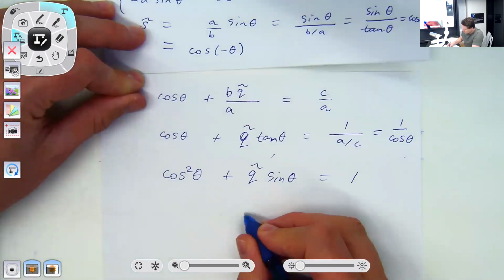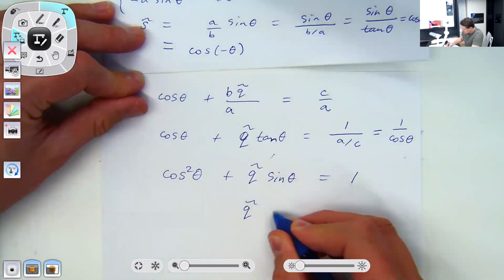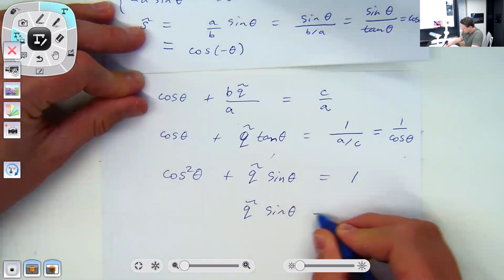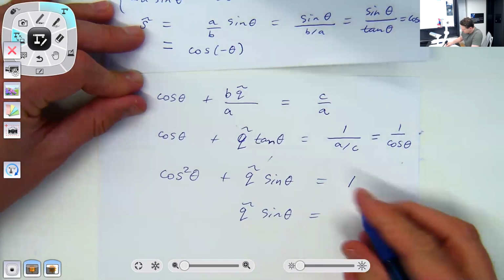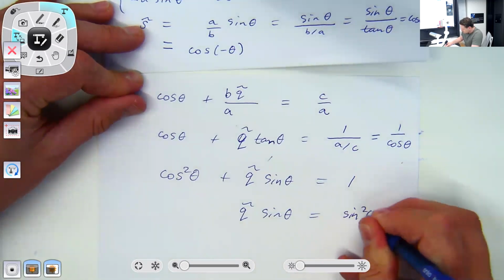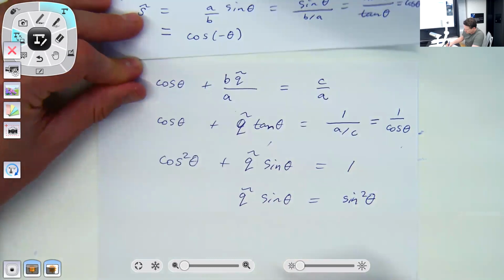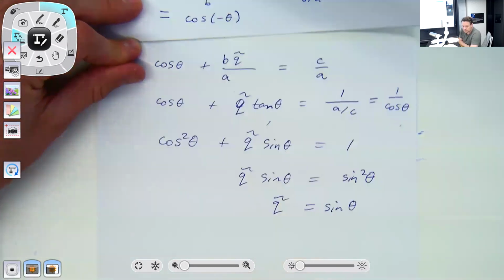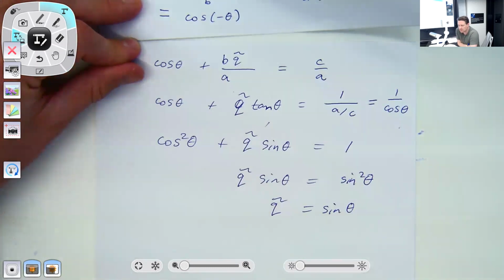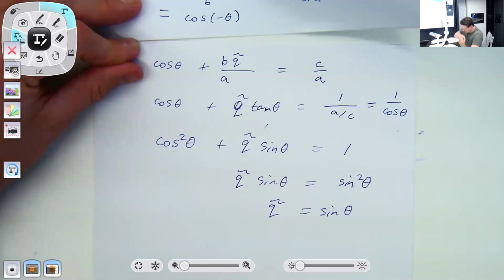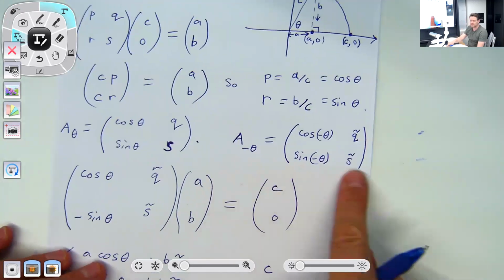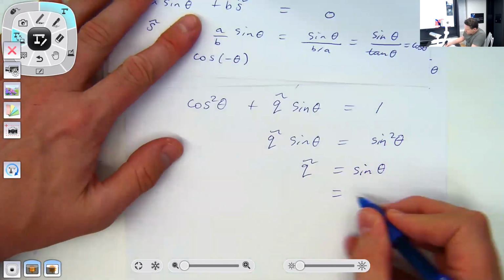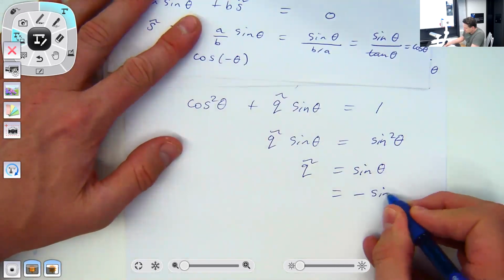And then finally, q tilde sine theta is 1 minus cos squared, but we know that that is sine squared theta. And so we get q tilde is sine of theta. But we want this in terms of minus theta because remember, we're seeking this matrix at this point. And so what we do here is express this as minus sine of minus theta.